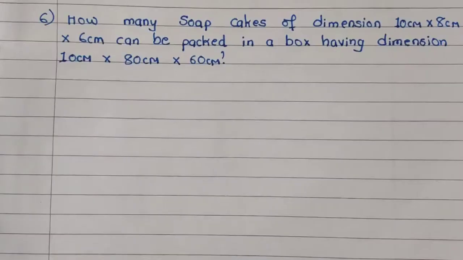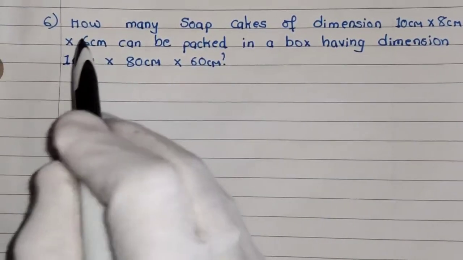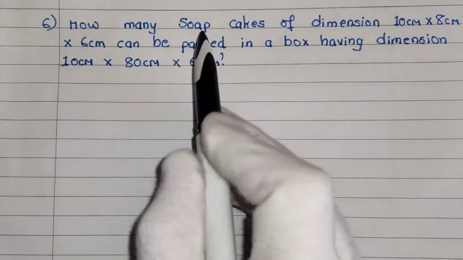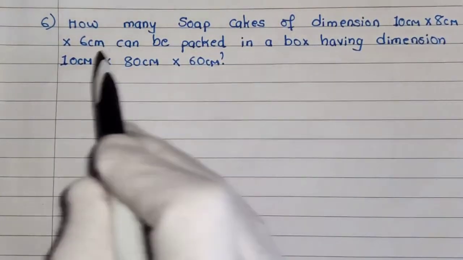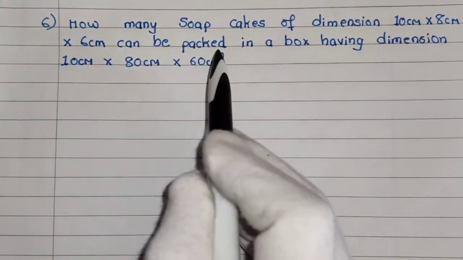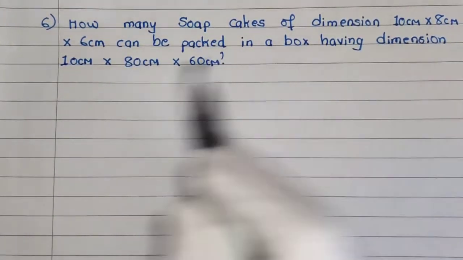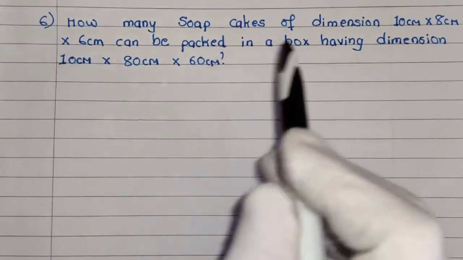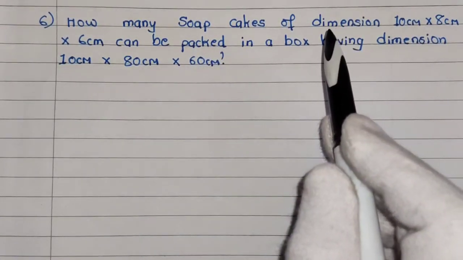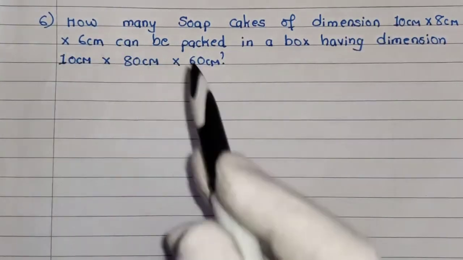Okay students, the next question is, how many soap cakes of dimension 10 centimeter, 8 centimeter and 6 centimeter can be packed in a box having dimension 10 centimeter, 80 centimeter, 60 centimeter. Now students, as I told you earlier, dimension means length, breadth, height, which is already given to you.